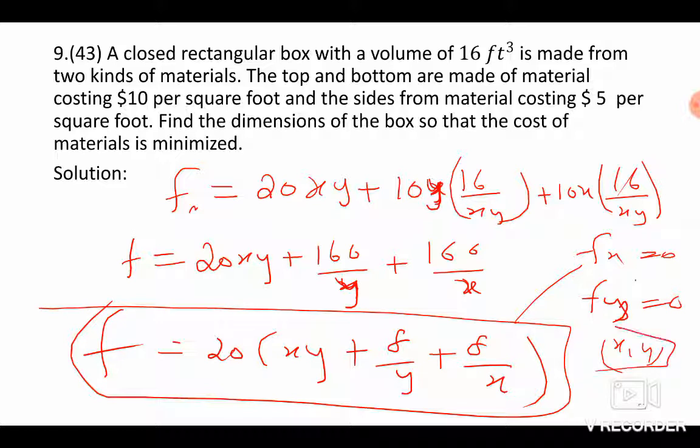For positive values of x and y, find the pairs, and then find again r equals f double x, t equals f double y, s equals fxy, and then try the discriminant D equals rt minus s squared. If this is positive, there is a maximum or minimum. If r is again positive, you will find a minimum at the critical point. So the rest of the work has been left to you to try.